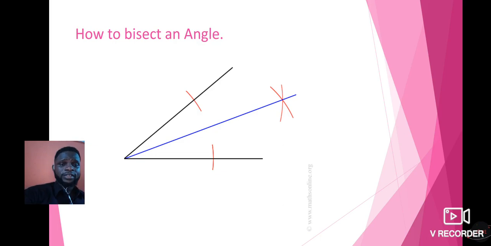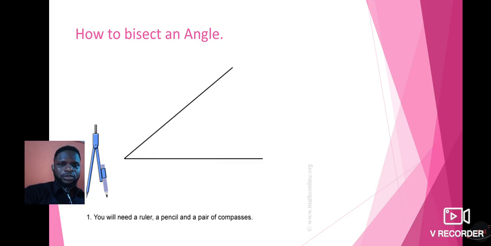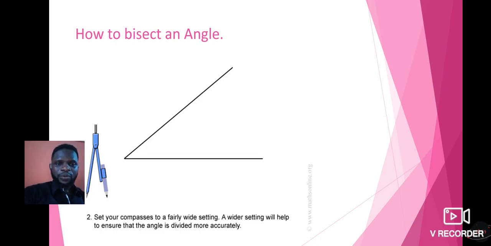So I hope you can see it. How to bisect an angle, dividing it into two equal parts, X and Y. So you need a ruler, a pencil, and a pair of compasses. Set your compass to a fairly wide setting.